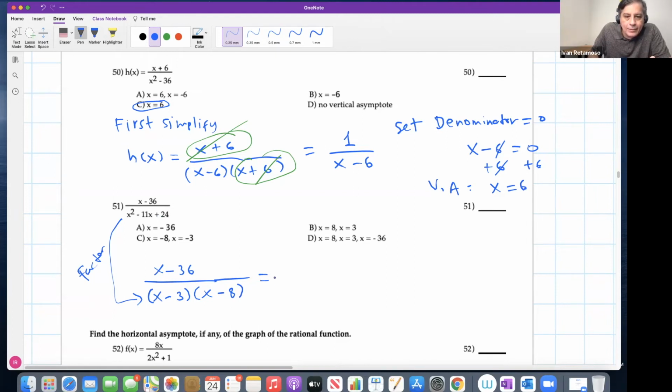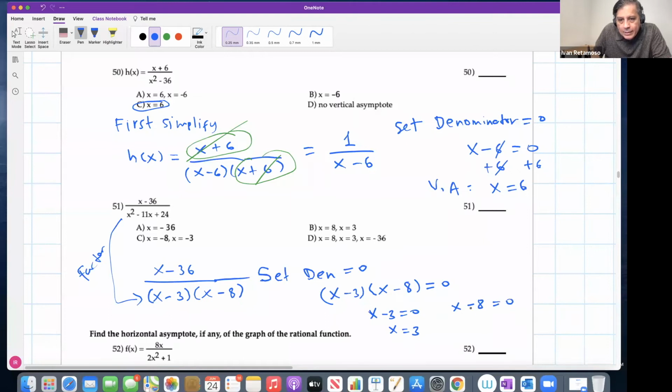So now you simply set the denominator equal to 0. And from there, this time we're going to get two vertical asymptotes, one coming from here, once you set this equal to 0, x equal 3, and the other coming from here, x equal 8. These two are going to be our vertical asymptotes. So when you choose your answer, you should go here, B.